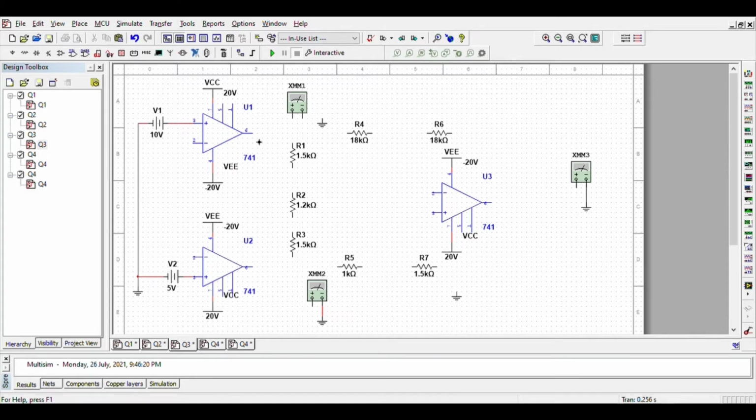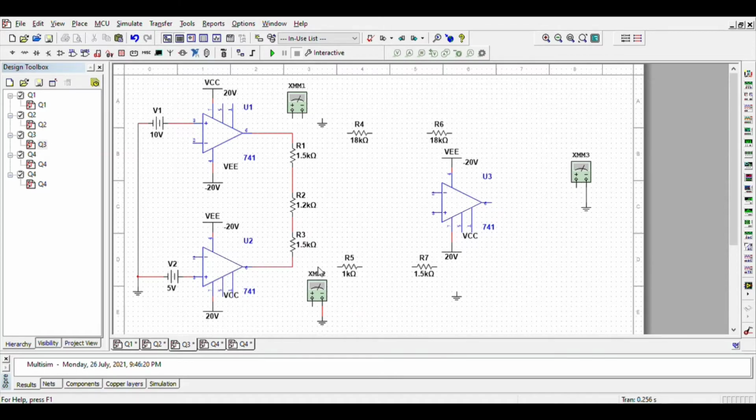Then V node 1 will be connected to R1, R1 connected to R2, and R2 connected to R3, and then V node 2 will be connected to R3.